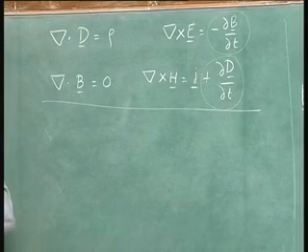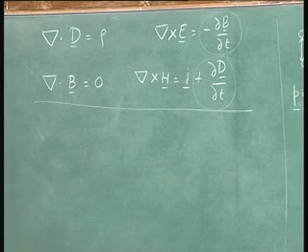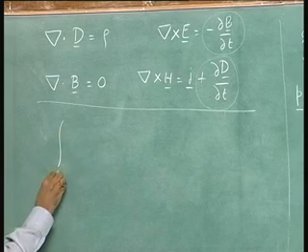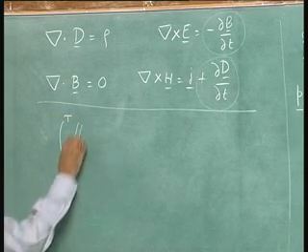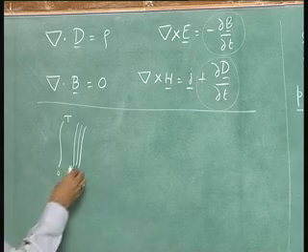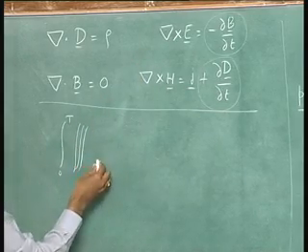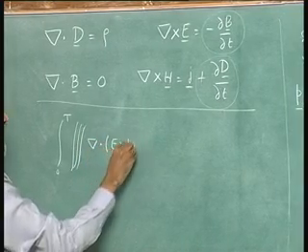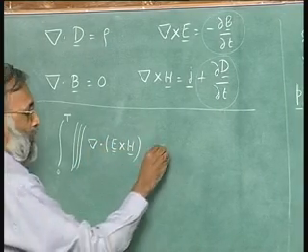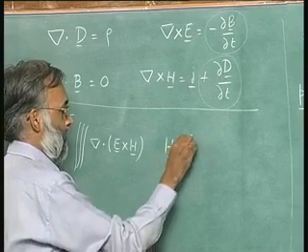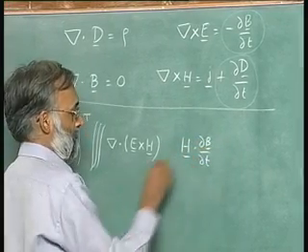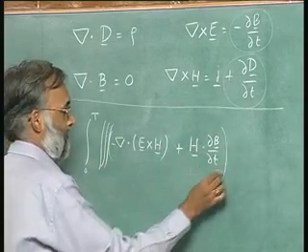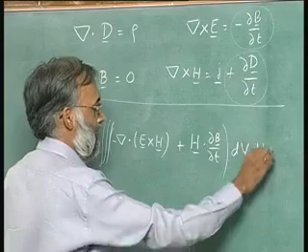If you remember, when I was trying to talk about magnetic energy, I had this integral 0 to capital T volume integral over all space of, and I had a term which was divergence of E cross H, and there was another term which was H dot del B del T. Now, I do not remember which sign was which way, dV dt.